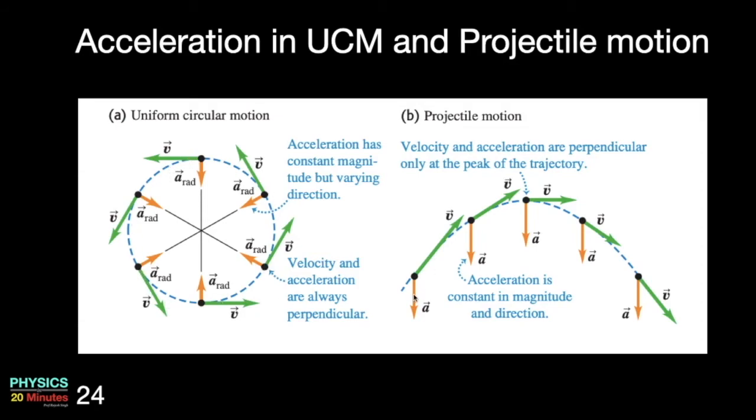Here, the angle between velocity and the acceleration changes. Here it's more than 90 degree. Here it is 90 degree, and here it is less than 90 degree. While in this case, the acceleration vector is always perpendicular to velocity. The angle between them is always 90 degree.